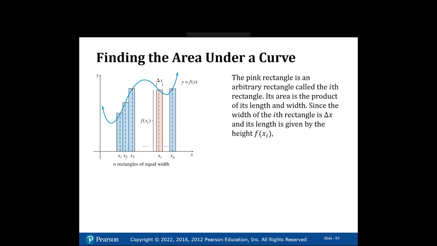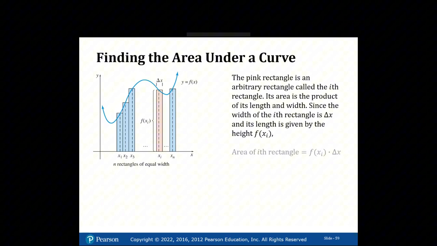So I can pick an i and then plug in the answer, if that makes sense. Its width is delta x, which means the change in x, right? If I make each width the same, then that change in x is the same for every single one. And then its height is f of xi. So the area of this ith rectangle is f of xi times delta x. Okay?